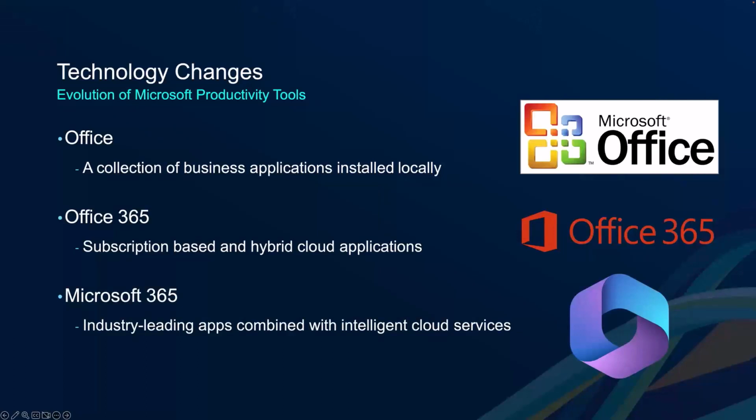Then in 2017, they started rebranding it as Microsoft 365. It's now an enterprise subscription that combines the productivity suite more tightly coupled with intelligent services like Microsoft's Robotic Process Automation as a Service, Power Automate, their cognitive services, and something that's been getting a lot of press recently, ChatGPT and OpenAI.